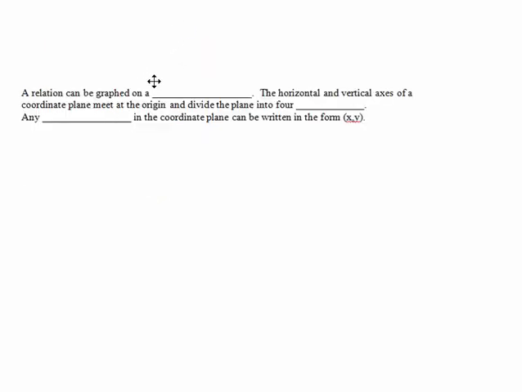A relation can be graphed on a coordinate plane. That's a big word to write in that little space for me, so I'm going to write coordinate plane. The horizontal and vertical axes of a coordinate plane meet at the origin and divide the plane into 4 quadrants.